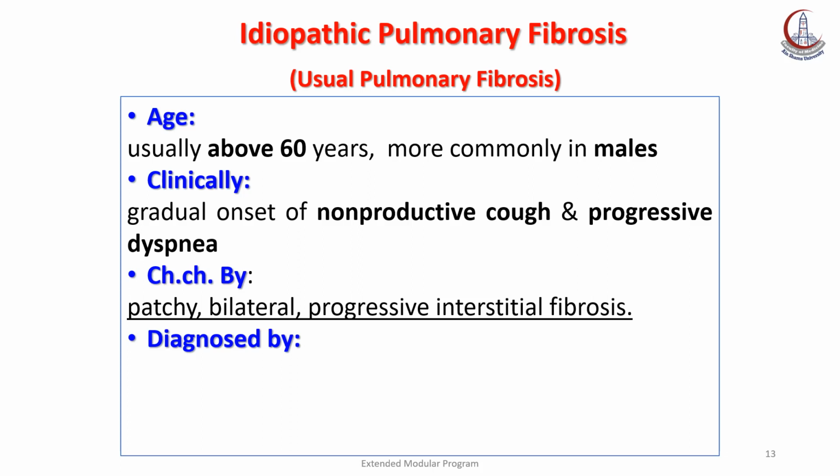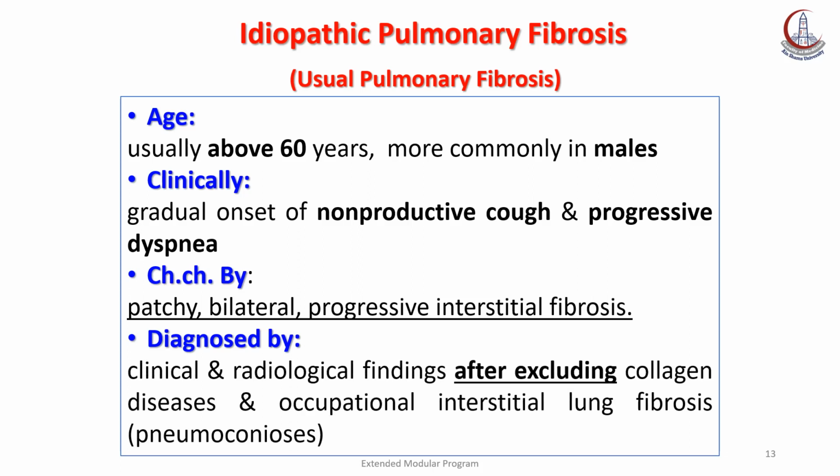It is diagnosed by clinical and radiological findings, both. We should exclude collagen vascular disease and occupational causes like pneumoconiosis. After exclusion of those causes, it is of unknown etiology in old age, so it is idiopathic pulmonary fibrosis.